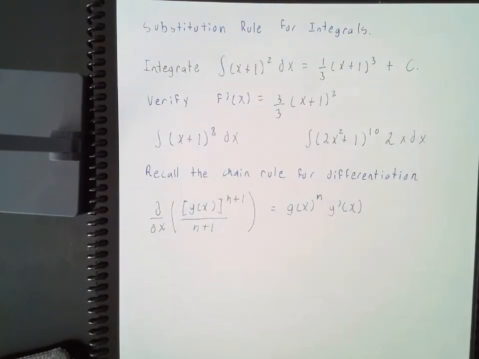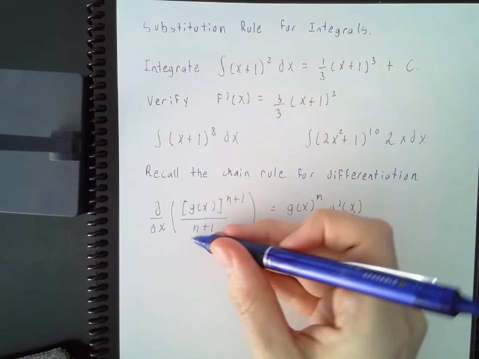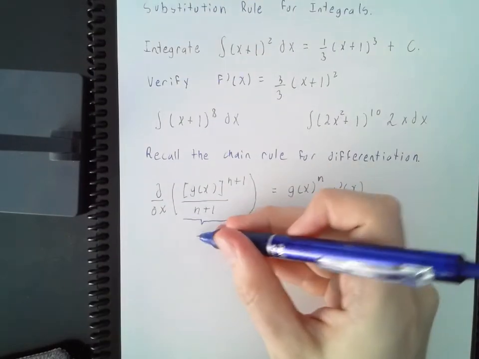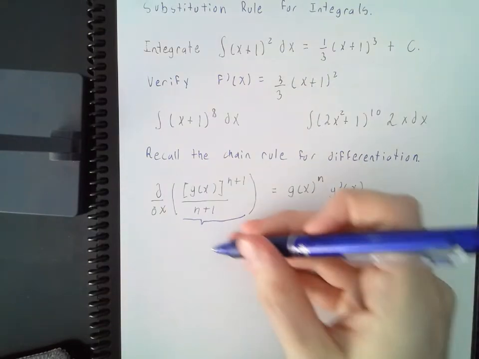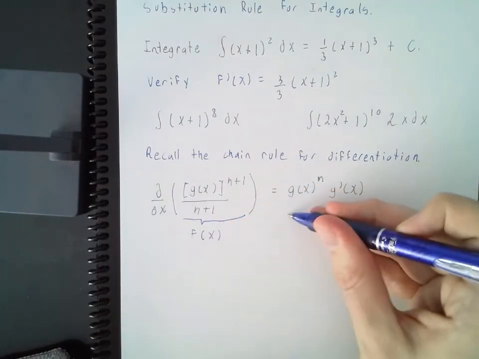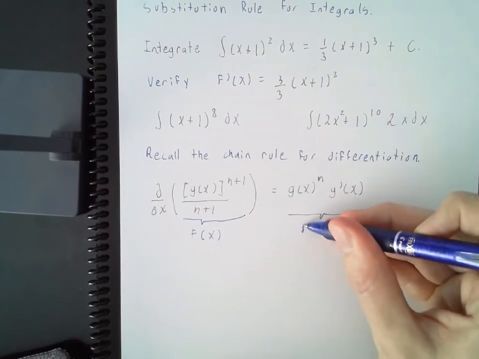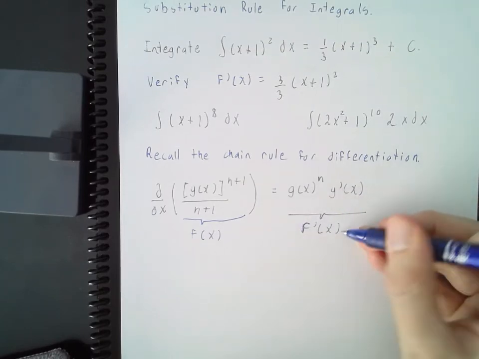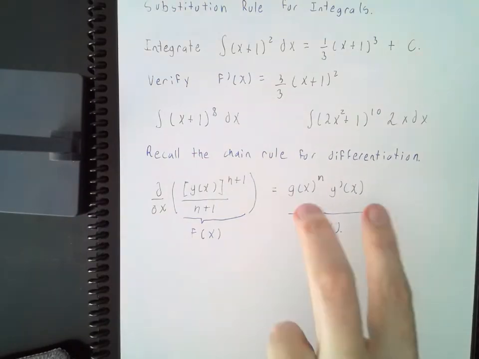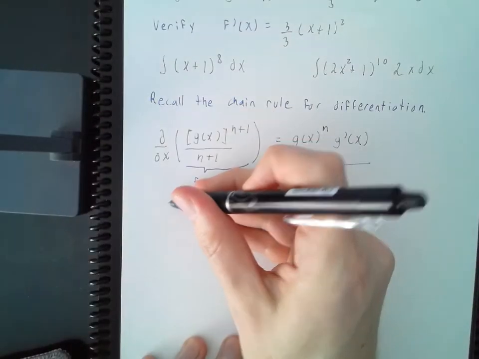And this is providing me quite a nice motivation into finding the integral of this function, because over here I have the antiderivative, and over here I have the derivative of the antiderivative. So right now what I want to say is that I want to integrate this function.